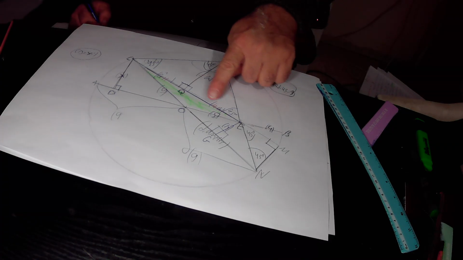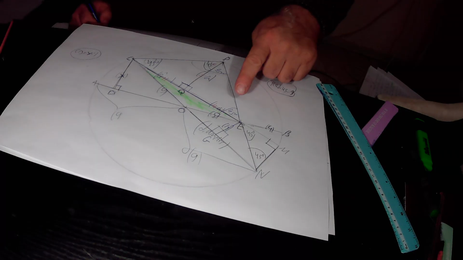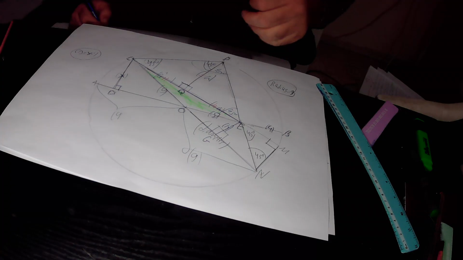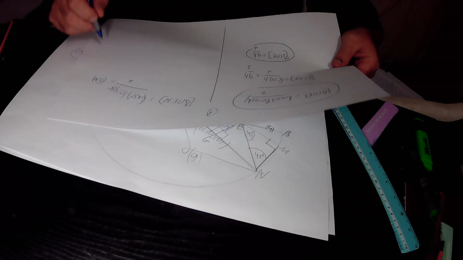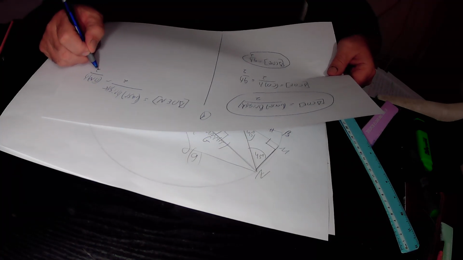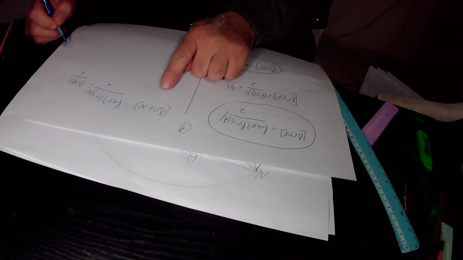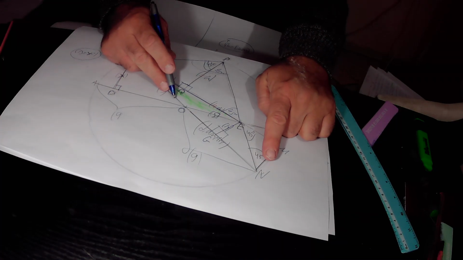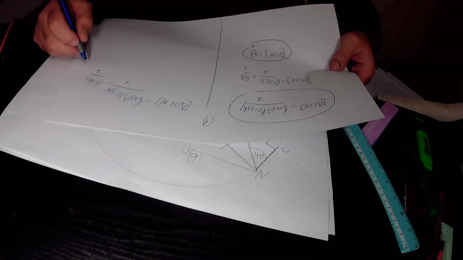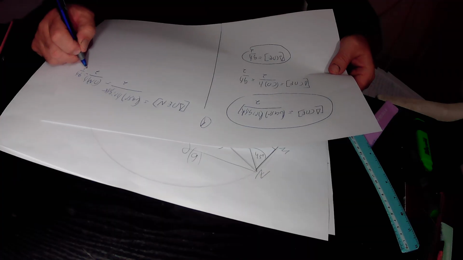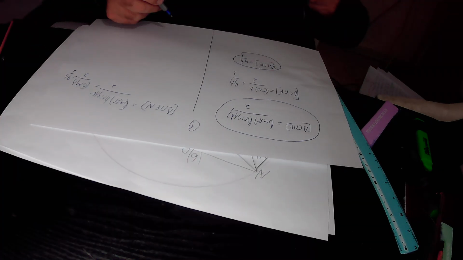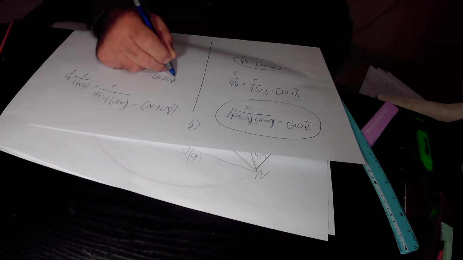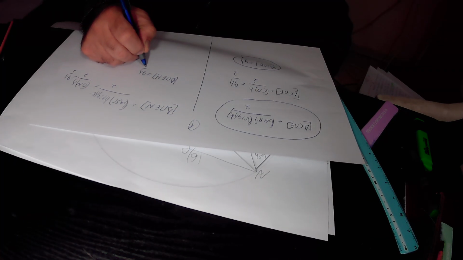EG, equal to h, forms 90 degrees with the base ON. So h is the height to the base ON of this lower triangle OEN. So the area of the lower triangle OEN equals ON times h over 2. ON is the radius of this circle, equal to 9, times h over 2. So in total we found out that the area of the lower triangle OEN equals 9h over 2 square units in size.